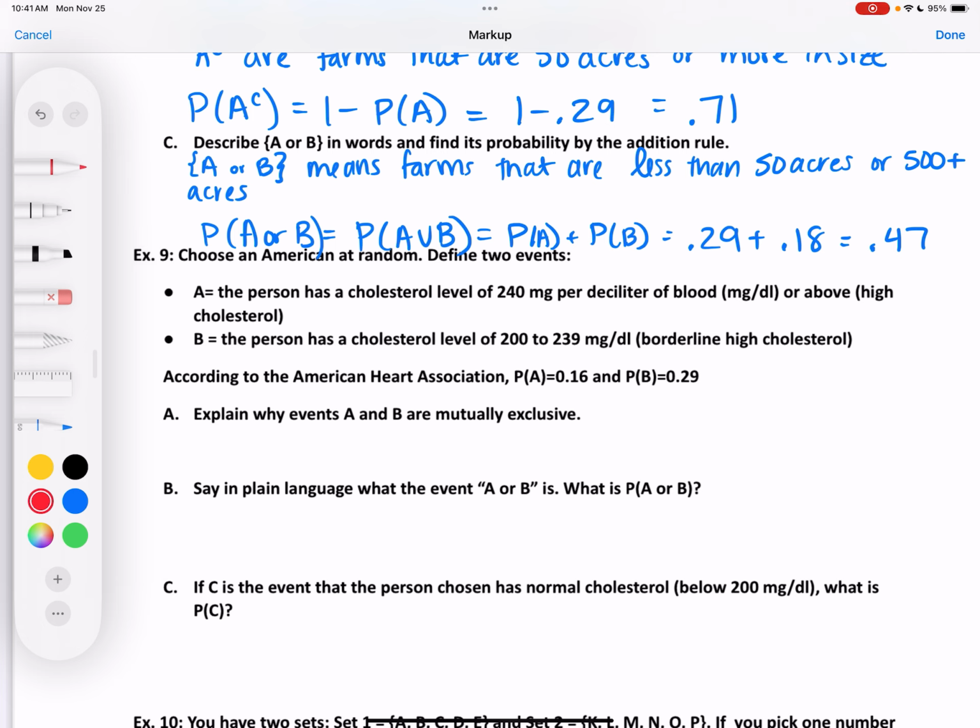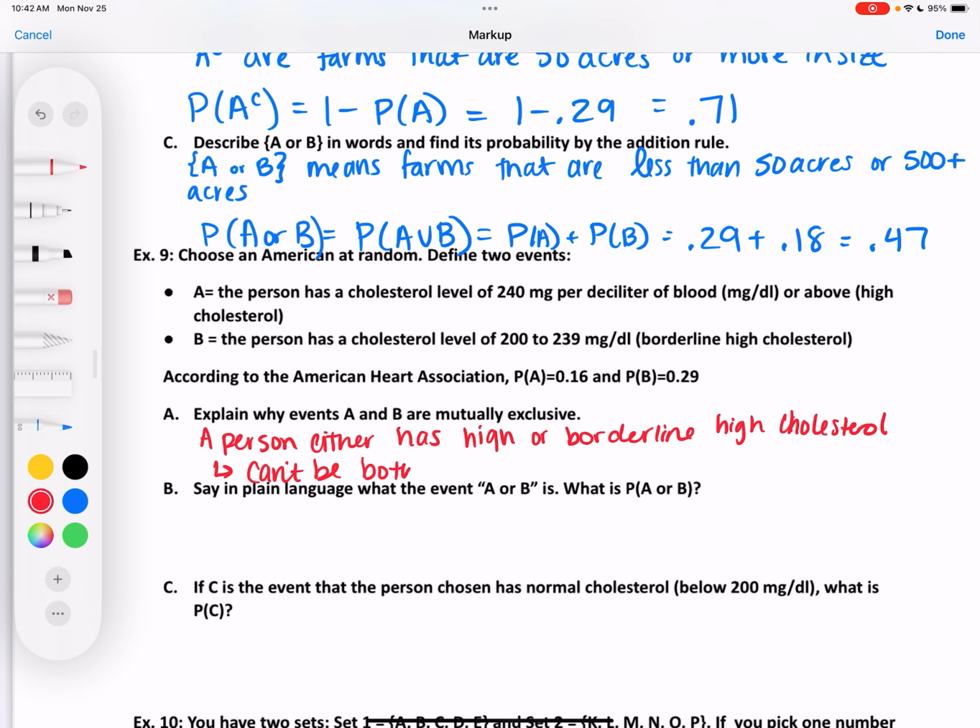So a person either has high or borderline high cholesterol. We can't be both at the same time. Now, you can go from being borderline high to being high, but you can't be both at the same time.